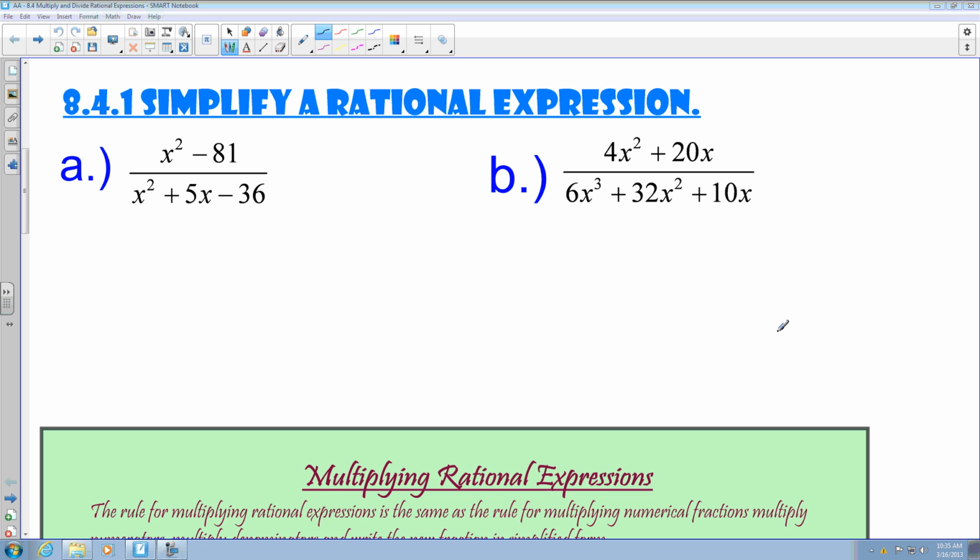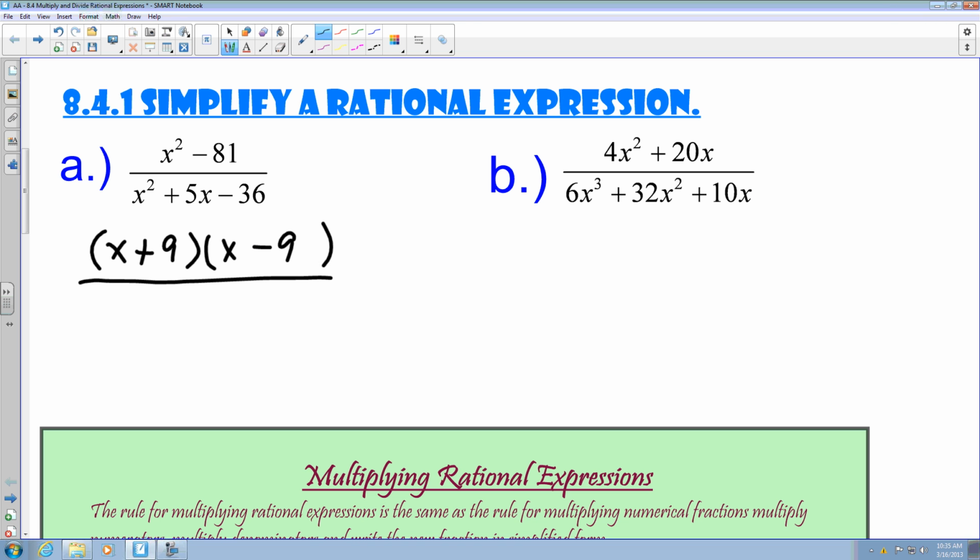So I look at the numerator, and I have x squared minus 81. I can factor that because it is the sum and difference pattern, where I go parentheses, parentheses, x plus 9 and x minus 9. X plus 9 times x minus 9 is exactly the same thing as writing x squared minus 81.